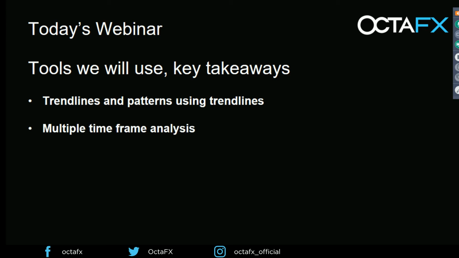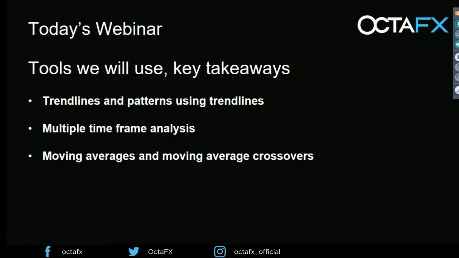We're going to look at multiple time frame analysis in our trading strategies. We're going to look at moving averages, touch on the most important ones, and also look at moving average crossovers. We're going to look at momentum oscillators. My preferred oscillators are stochastics, RSI, and MACD. And we'll also look at Fibonacci briefly.